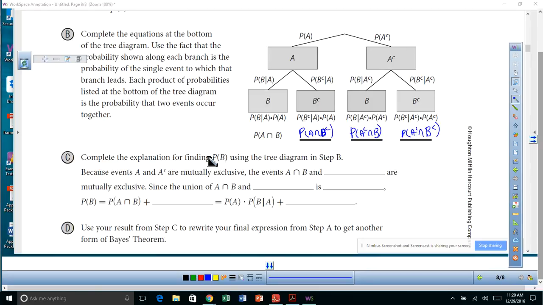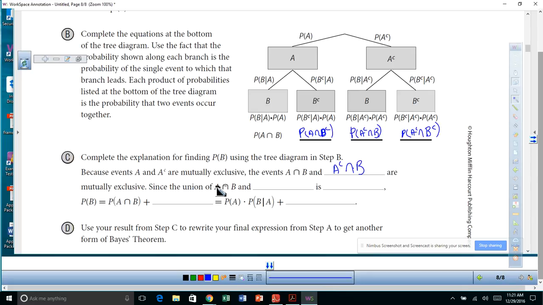Complete the explanation for finding the probability of B using the tree diagram in step B. Because events A and A complement are mutually exclusive, the events A intersection B and A complement intersection B are mutually exclusive.